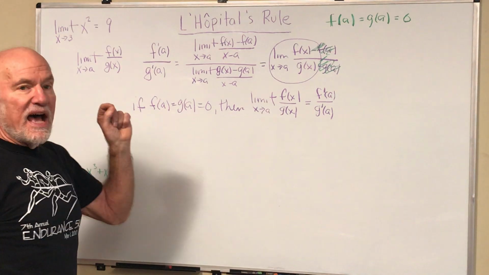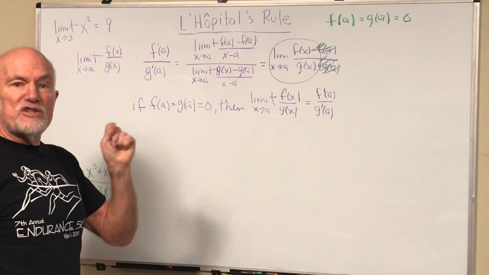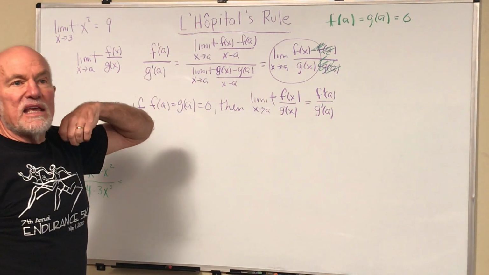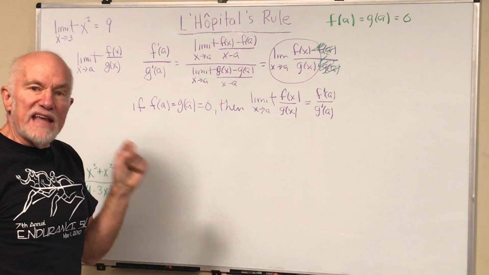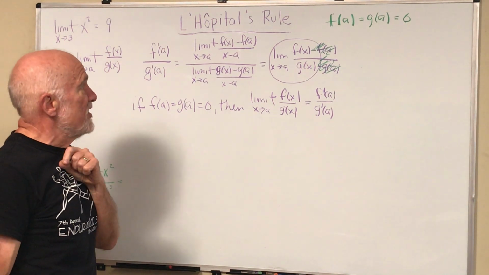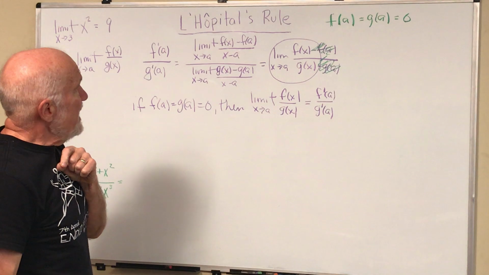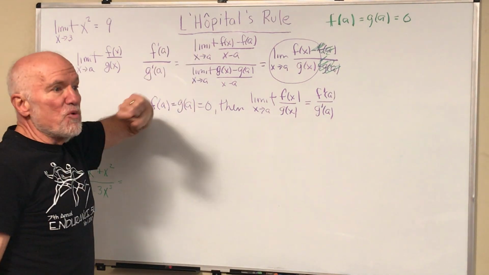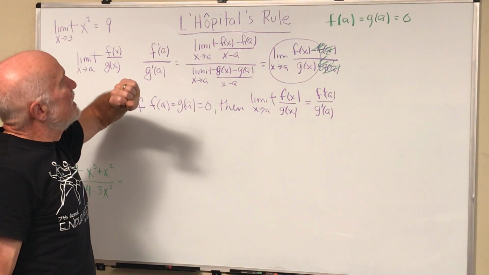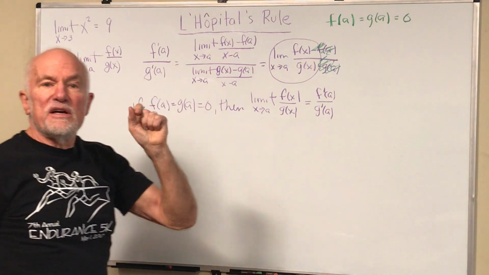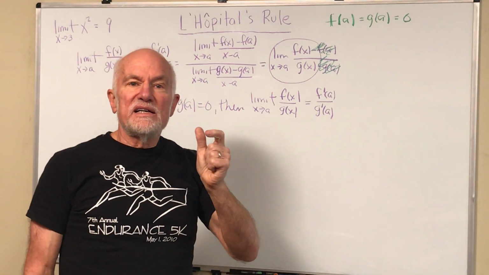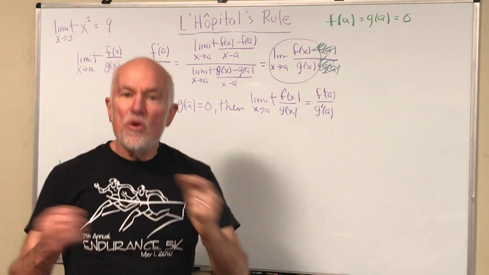So L'Hopital was a French mathematician in the late 1600s. He died in the early 1700s. And his name was Guillaume François Antoine Marquis de L'Hopital.